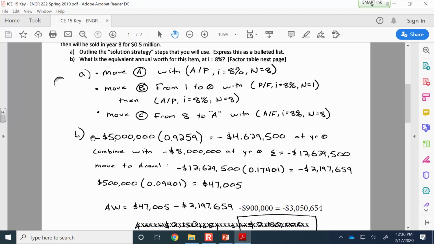The 5 million is at year 0, but then if you write, once you've done the conversion and taking it to year 0, if you emphasize that it's this negative 4.6 million at year 0, then at the very end when you're adding things up, you'll only add up the amounts that are at year 0 before you find A given P. So sometimes the mistakes that you get along the way can just be like adding in the wrong amounts that aren't at the time that you have in mind. But what you should get is 3.05 million in outflow as the combined annual worth.